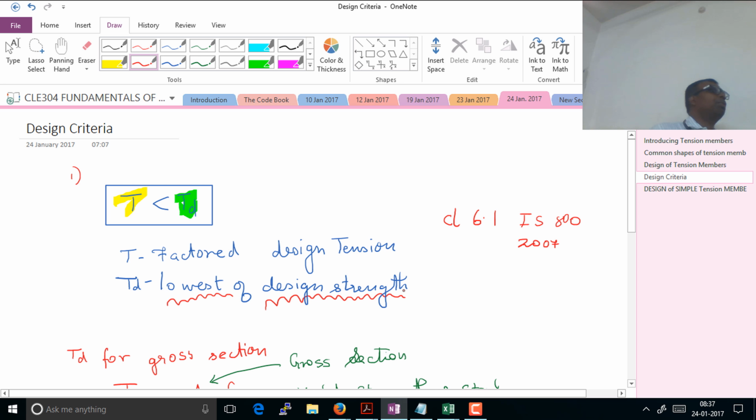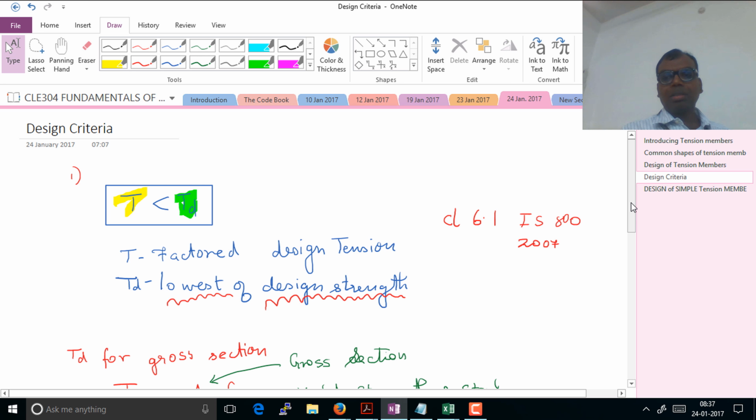We see the various modes in which the member can fail. We find out what are the various modes by which the section can fail, and based on that we will be proceeding.